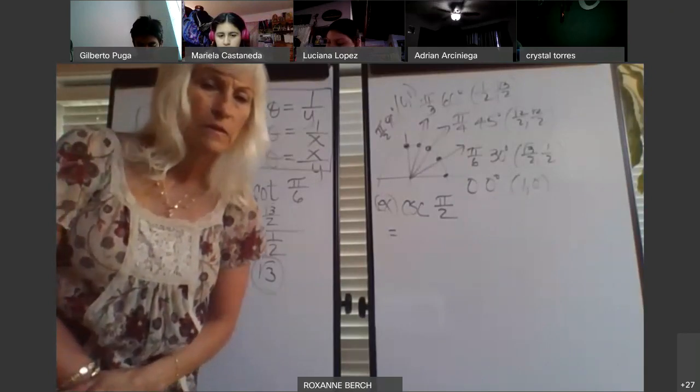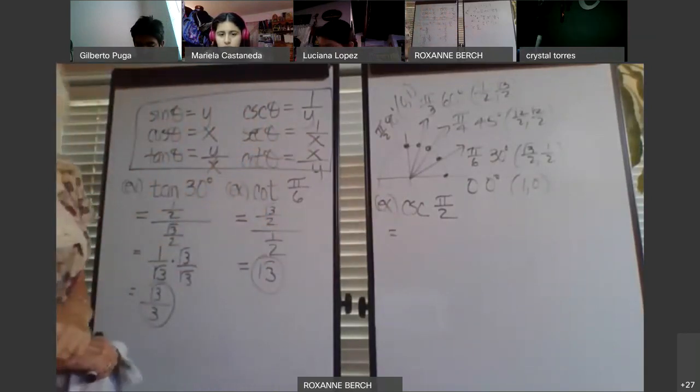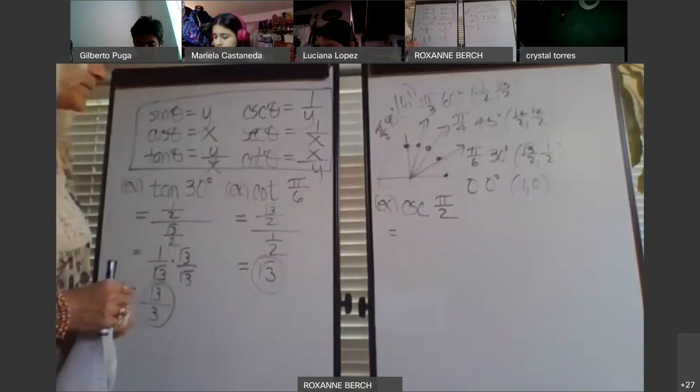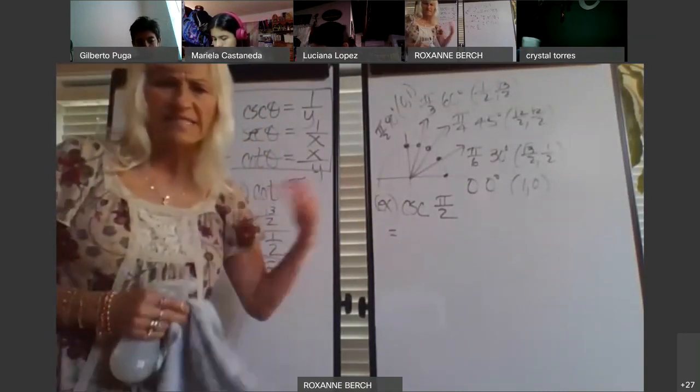Say it again. Cosine? Cosecant is sine. Yep. So you're thinking, oh, that's sine.